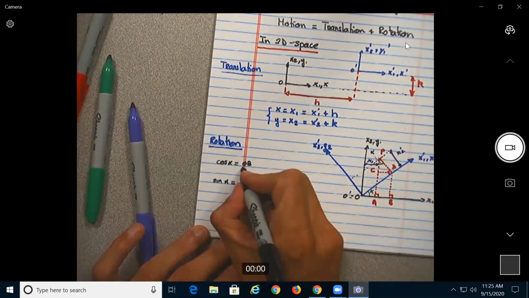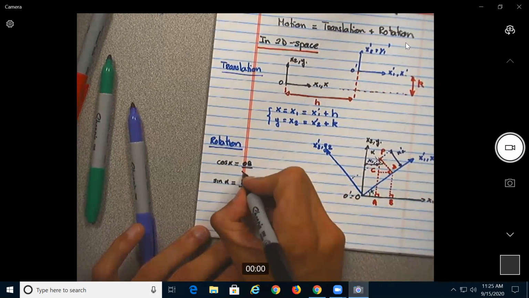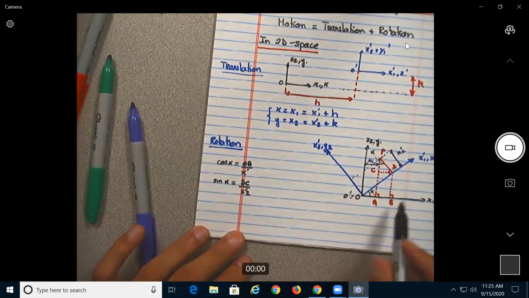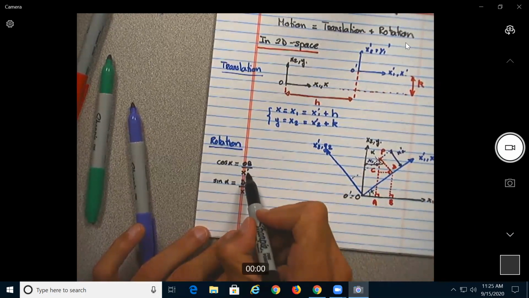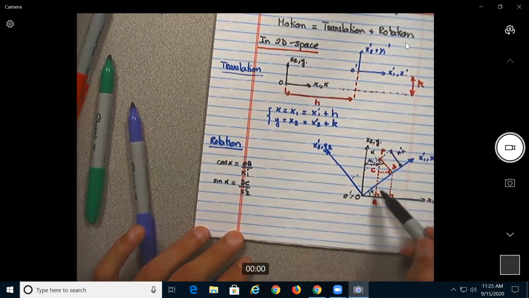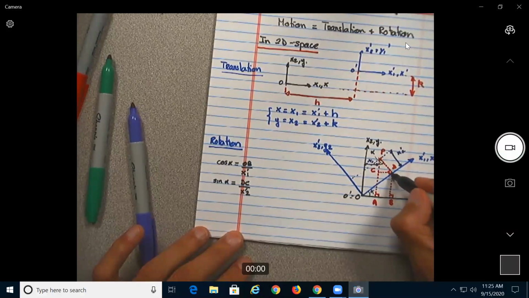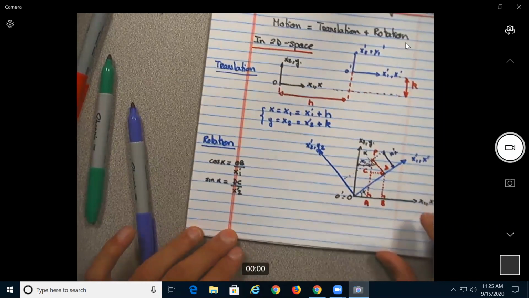So it will be x prime 1, where x prime 1 will be, I need to plot it. So what will be x prime 1? It will be all that distance here, from here to here. Okay, I don't want to put too much, but that will be x prime 1.